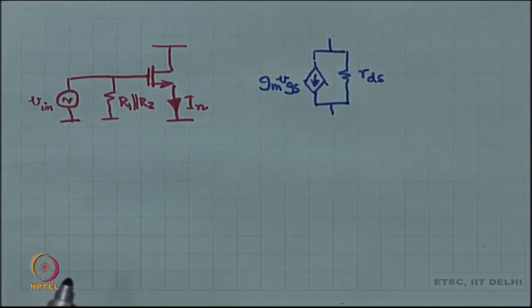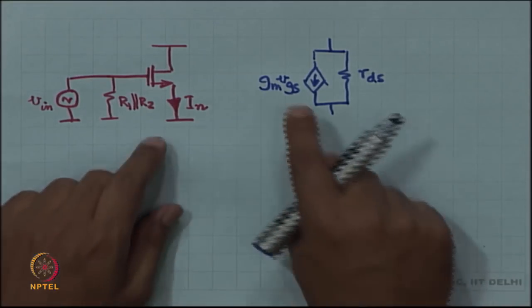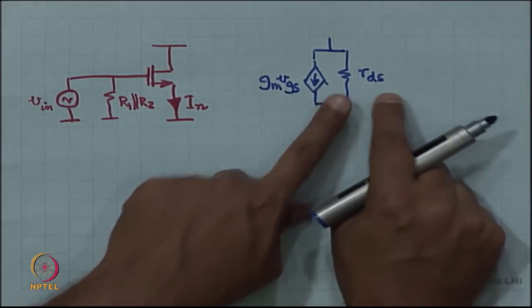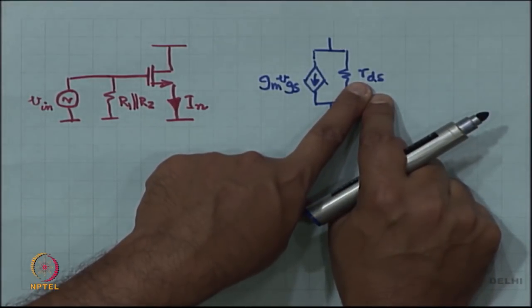You want a GMB also, but GMB does not matter, since the source is connected to ground. So, that body voltage is not going to play a role, but inside the MOSFET this is what is there.